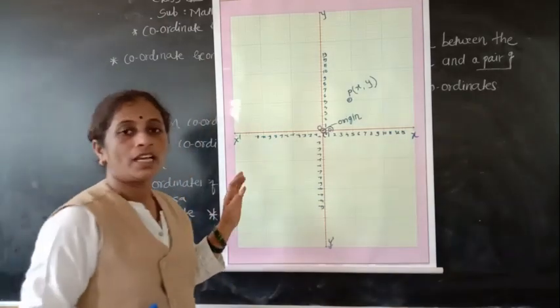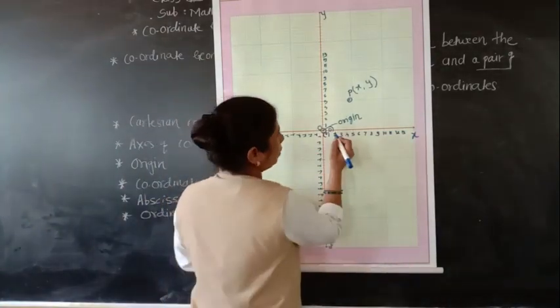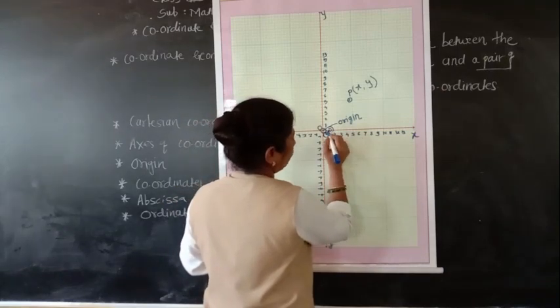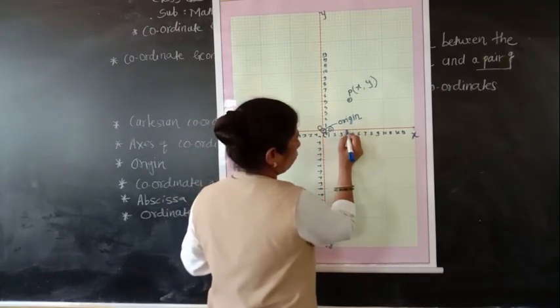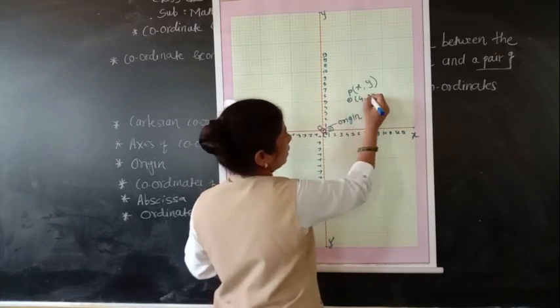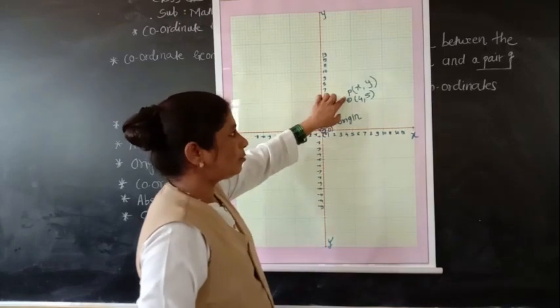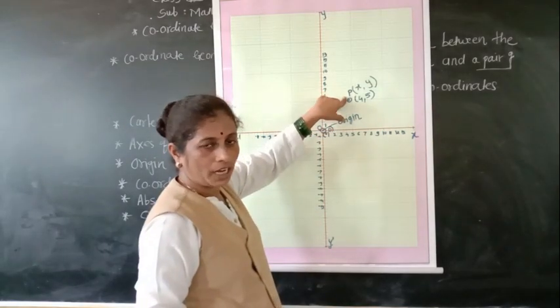Now what is the x value here? 1, 2, 3, 4, so this is 4, and on the y-axis this is 5. So this P is the new point I have plotted on the graph paper.